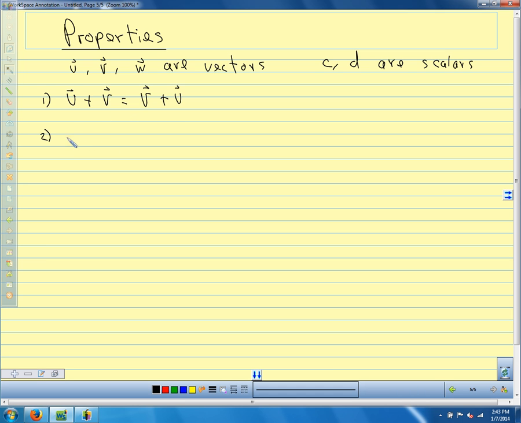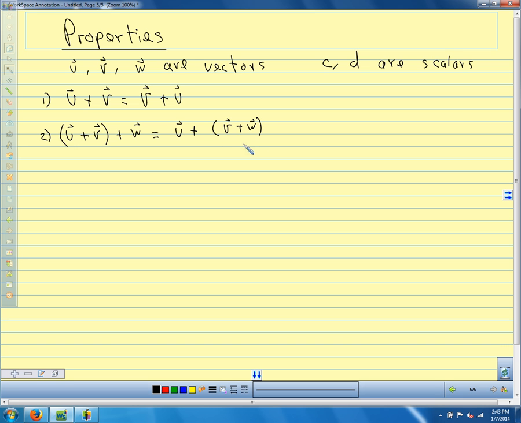We're not going to talk a lot about the names, but the commutative property is an important property. Next, U plus V, plus W: it doesn't matter how we group these things when we add them. That's the same as U plus V plus W. We can group them in different ways, and it still comes out the same.